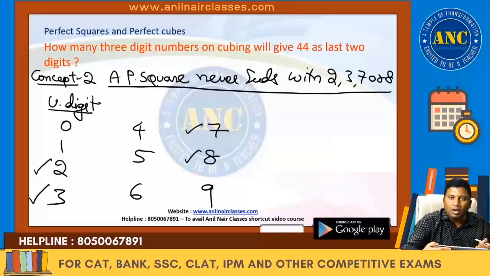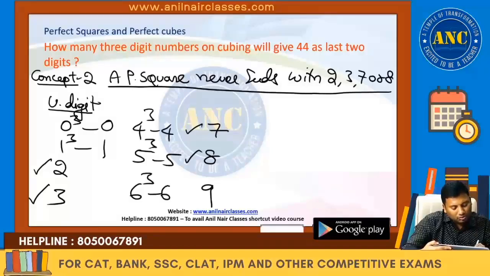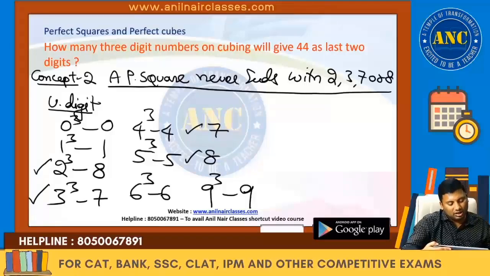On cube only I am getting a different number. 0 cube is 0, 1 cube is 1, 4 cube is 4, 5 cube is 5, 6 cube is 216, 9 cube is 729. The remaining numbers are nothing but 10 minus the unit digit. 2 cube is 8, 10 minus 3 it is 7, it is 3, 8 cube is 512.